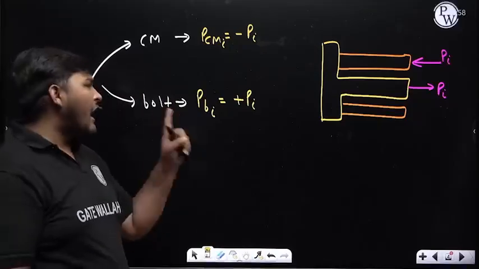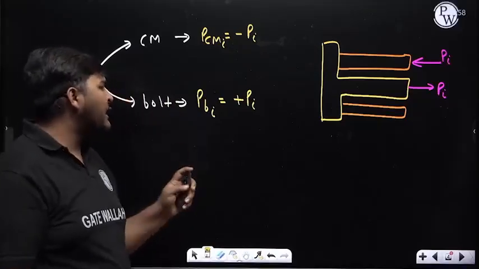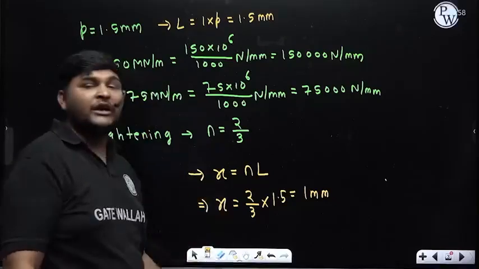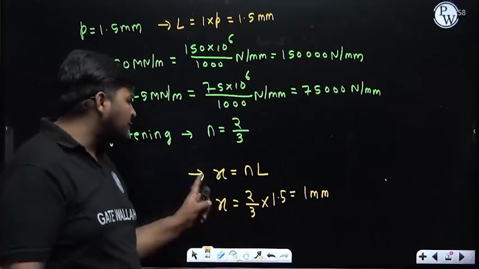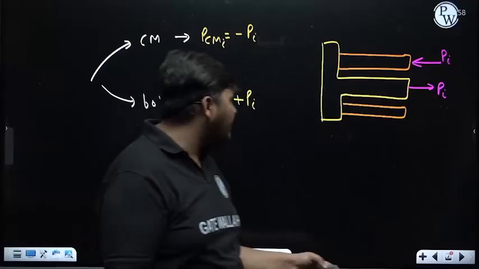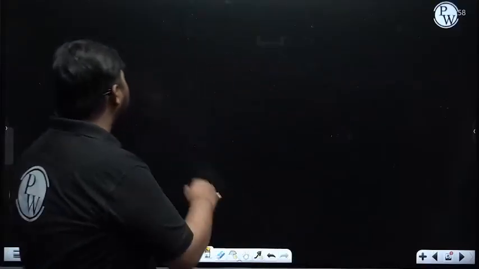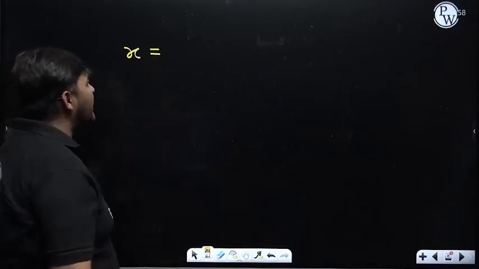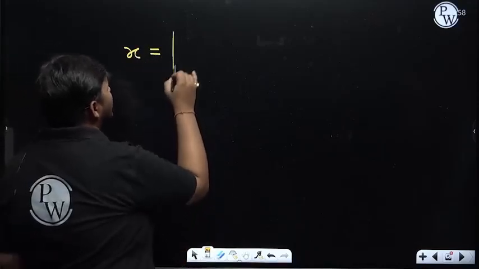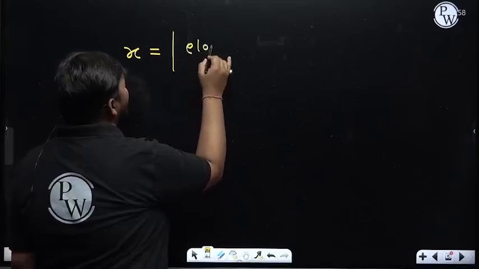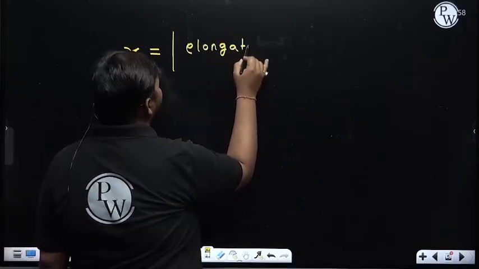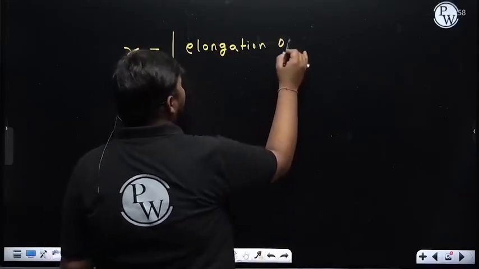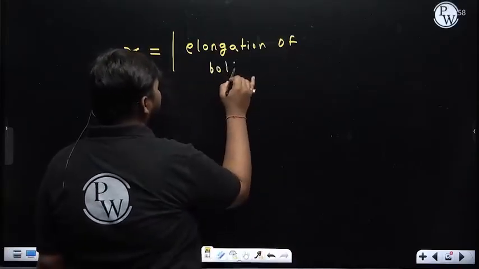But how will we calculate this unknown value of Pi? For that, we know during tightening how much axial movement we have given to the nut. During tightening, the axial movement which we have provided to the nut is 1 mm, that we already know. Right now I am representing that as x. Now during tightening, the axial movement of the nut will be equal to the elongation of the bolt during tightening.